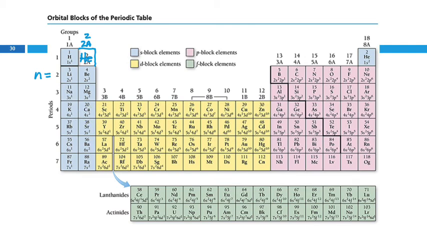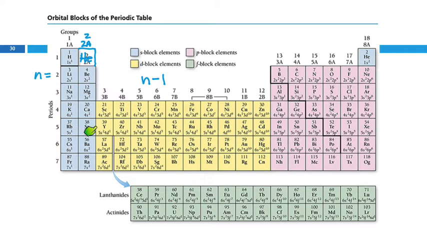Okay, so those are D block, and so that's n minus 1. So if this is n, these are n minus 1. So 4 minus 1 is 3. So this would be 3d, and then this is back to regular 4p.